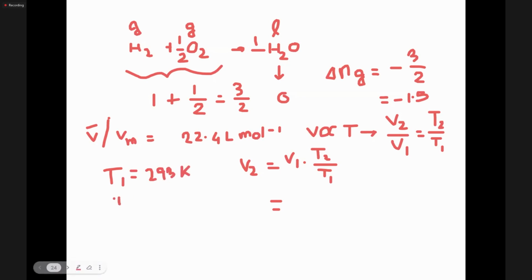And T2, that will be 25 degrees Celsius, at which we are performing the calculation, will be 298 Kelvin.